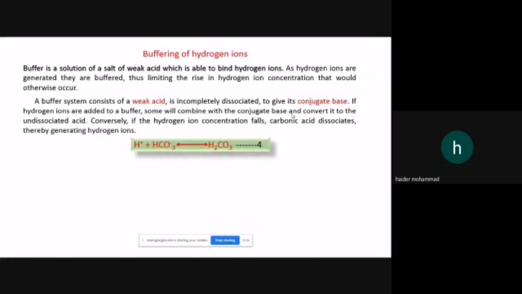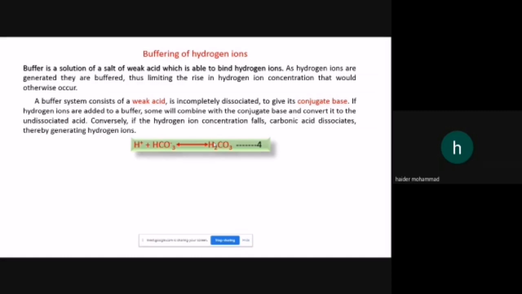Now, this weak acid, which is carbonic acid, undergoes partial dissociation to bicarbonate HCO3-, of course a very common buffering system, plus hydrogen protons or hydrogen ions. So this conjugate base, the excess hydrogen ions will react with the bicarbonate and convert to carbonic acid. Carbonic acid here will not dissociate to bicarbonate and hydrogen, but undergoes hydrolysis to carbon dioxide and water.